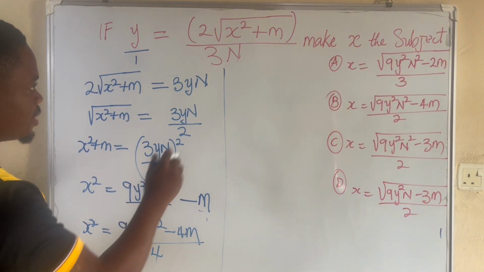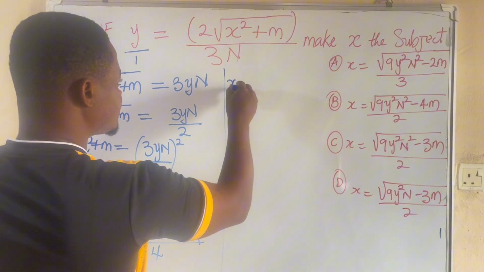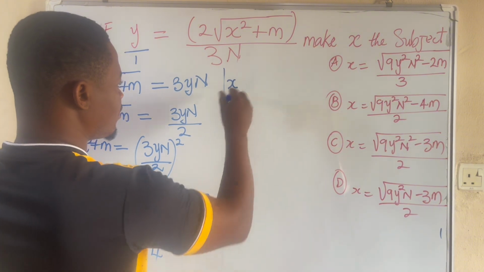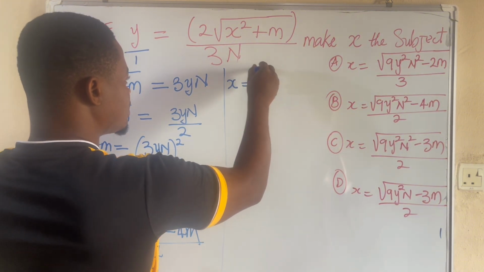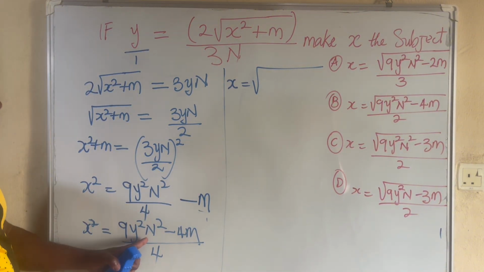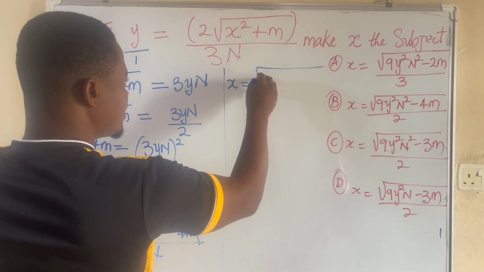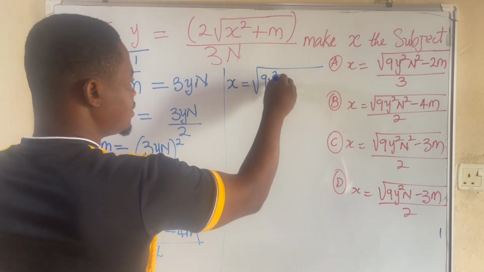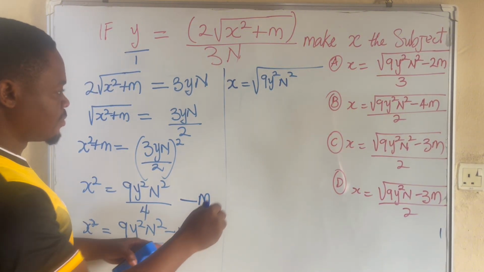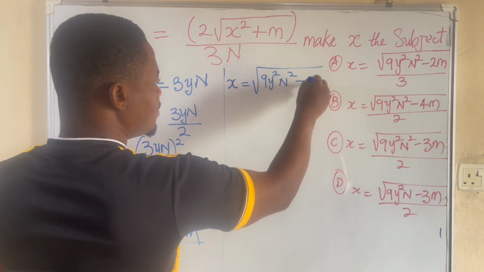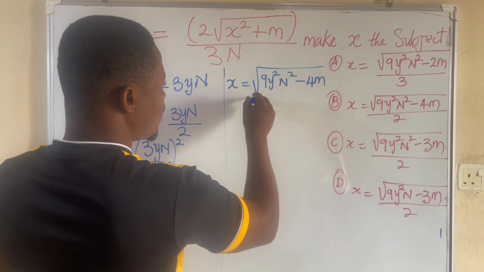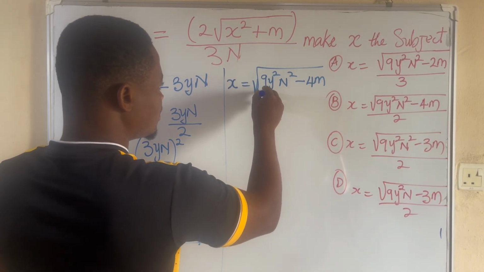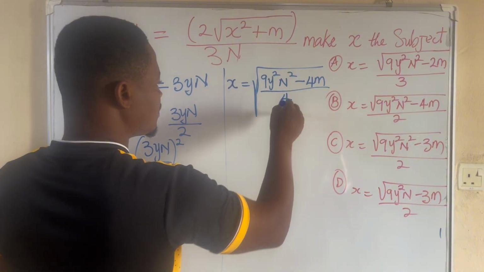So let's do this. We have that x is equal to the square root of all these values here. So we have 9y raised to the power 2 n raised to the power 2 minus 4m, all divided by 4.